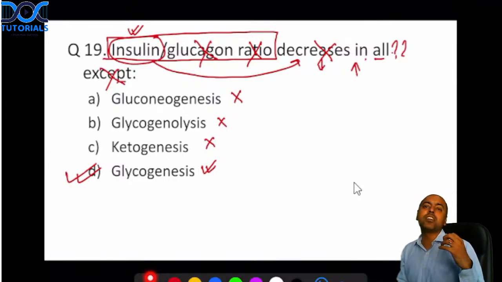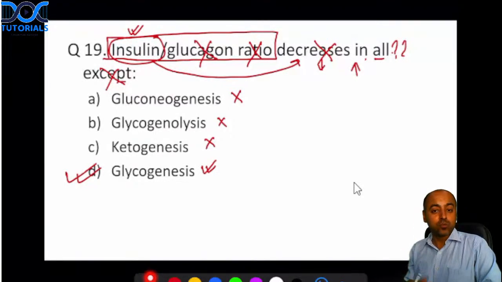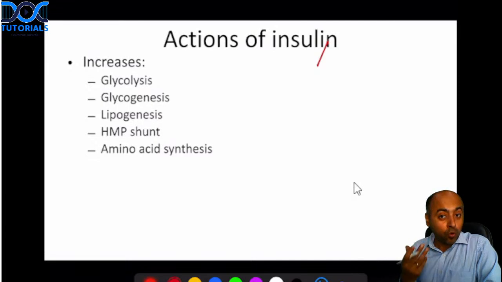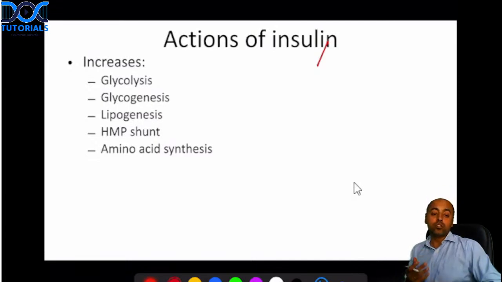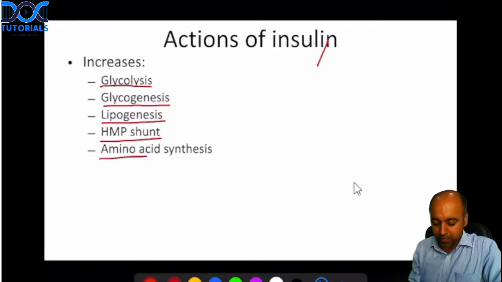Here you should know which are the pathways which are upregulated by insulin, which are the pathways which are downregulated by insulin, so that commonly we get this question and you are able to solve it. Like I said, the insulin will activate all those pathways where the glucose is getting consumed. So here you have glycolysis, glycogen synthesis, lipid synthesis, HMP shunt, amino acid synthesis.